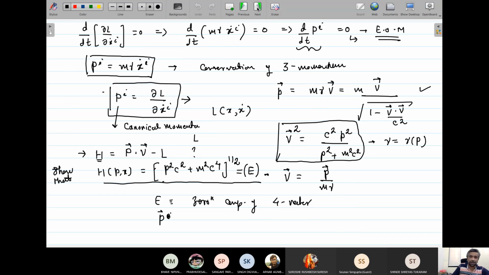Good. Now consider a particle that moves in an electromagnetic field. Consider the dynamics of a charged particle in an electromagnetic field.